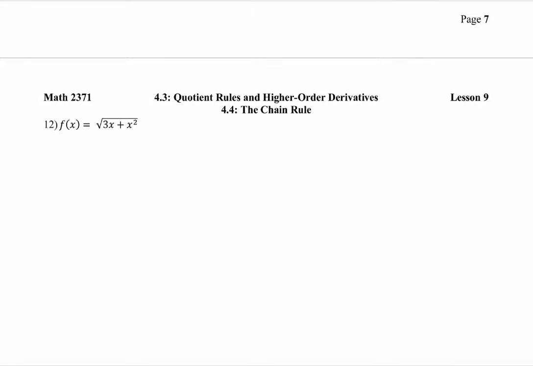All right, so now let's go to number 12. The first thing I have to do is rewrite f of x equals (3x plus x squared) to the 1/2.